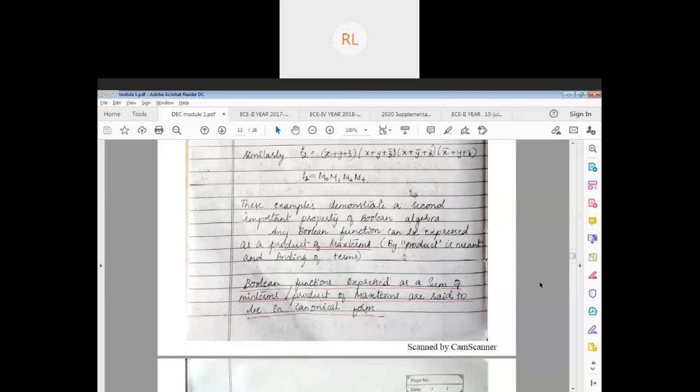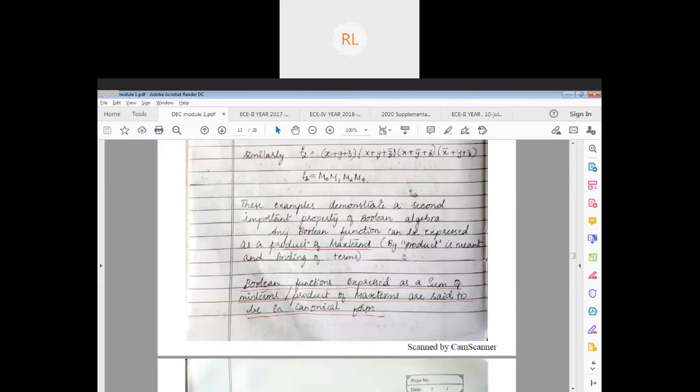So what do we understand by these two examples, these two functions that we just implemented? We have learned a property of Boolean algebra.